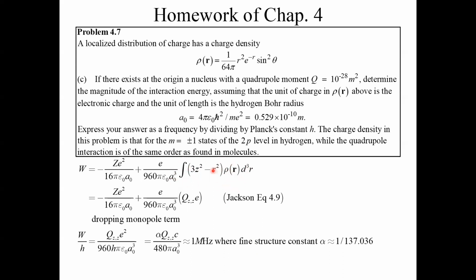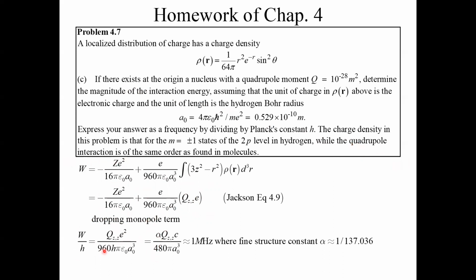And next, for Jackson equation 4.9, we can change this integration into our multipole moments here, or our quadrupole moment. Next, we drop the first term, the monopole term. We only leave this one because part C only asks for the quadrupole moment interaction here.